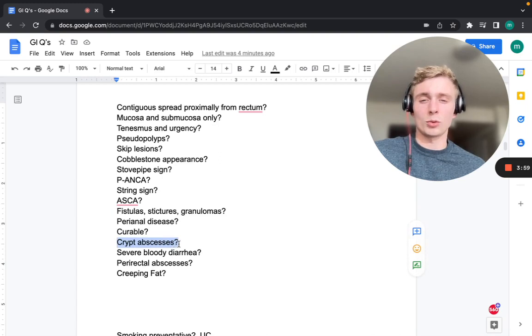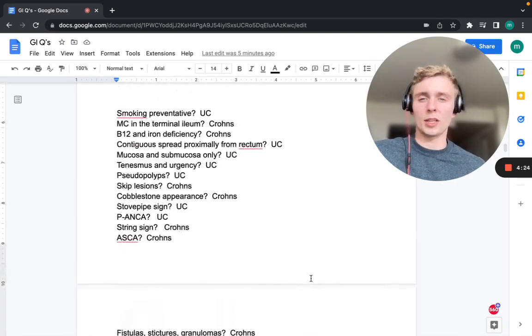Crypt abscesses, which one has crypt abscesses? That's a classic one. Severe bloody diarrhea, which one has severe bloody diarrhea? How about perirectal abscesses? Which one has perirectal abscesses? And lastly, creeping fat. On gross dissection, creeping fat is pathognomonic for which one, ulcerative colitis or Crohn's? Okay, now for the answers.